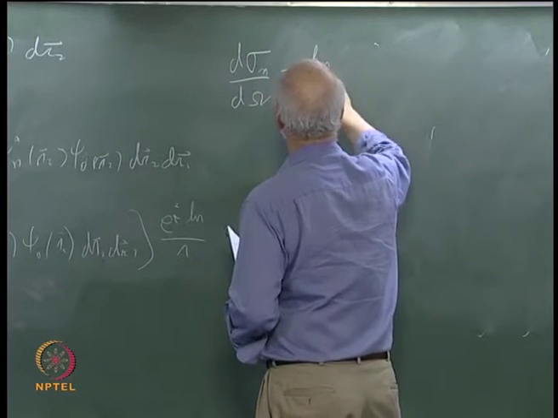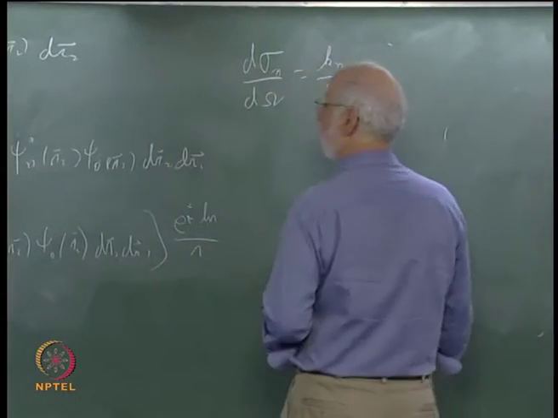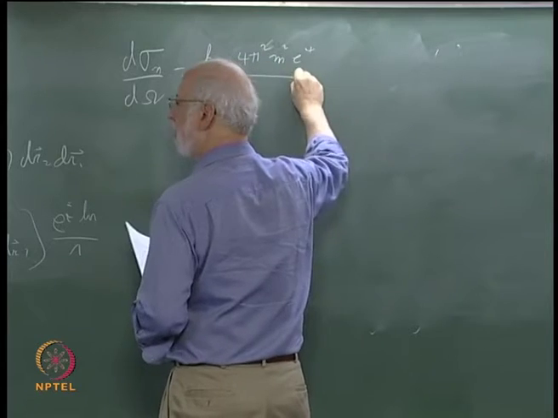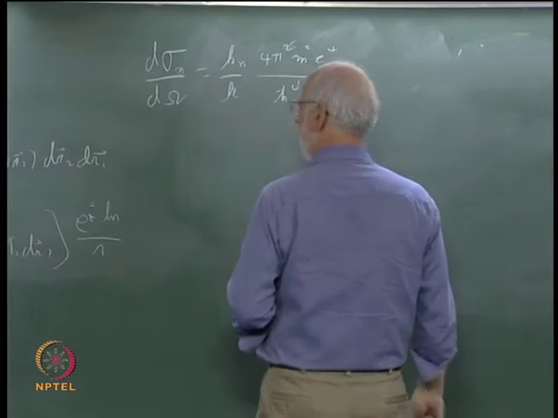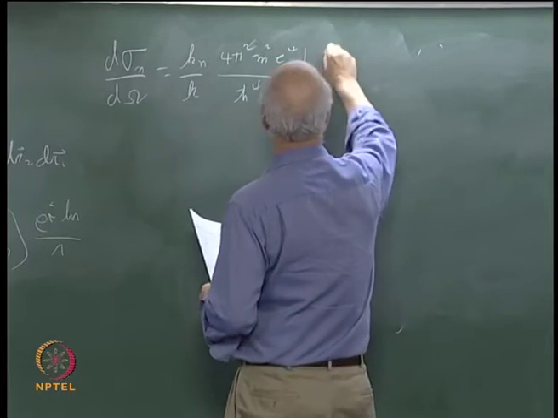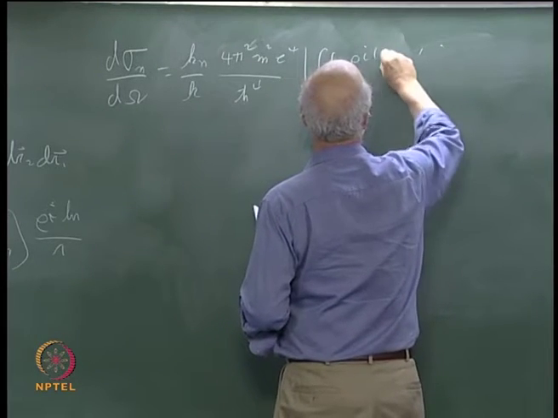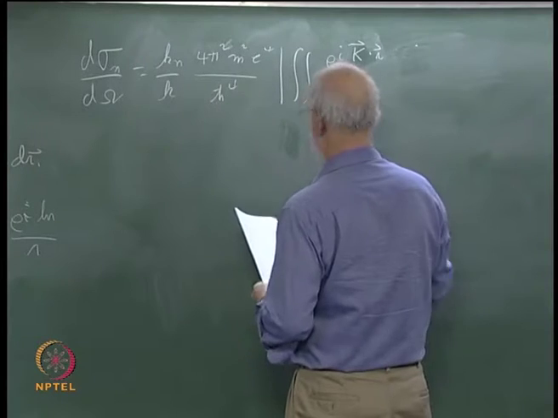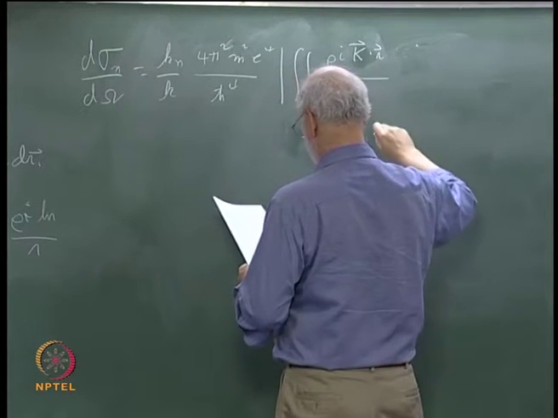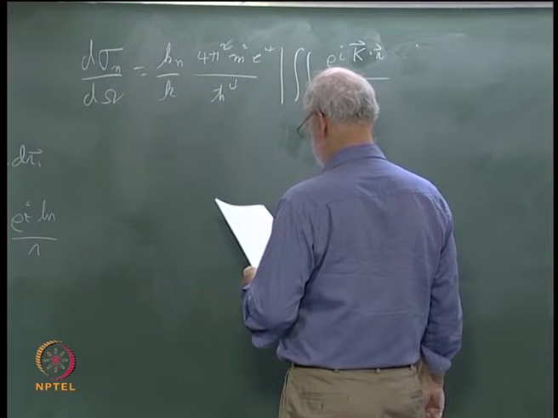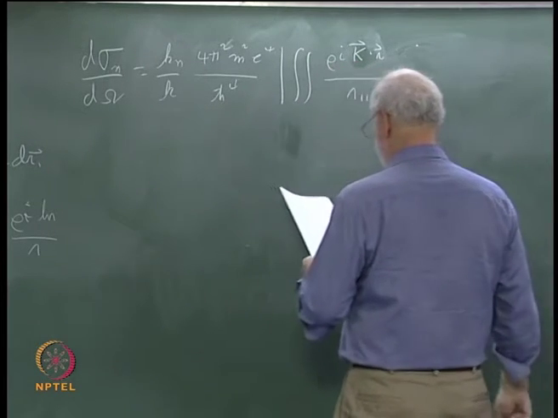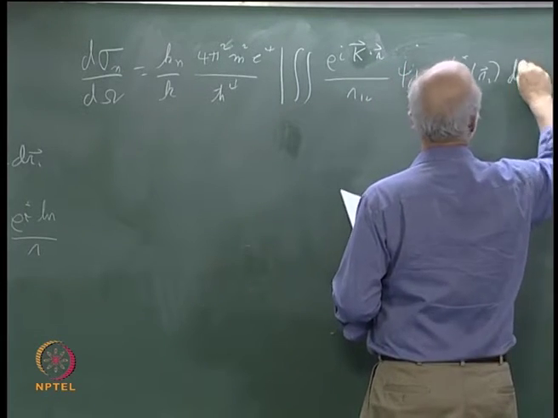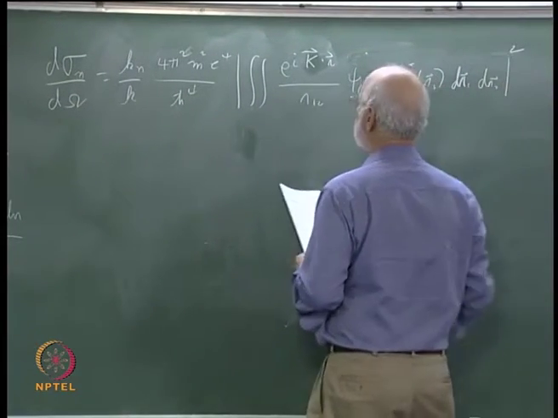It's Kn over K times this absolute square, which is 4 pi squared m squared e to the 4th over h bar to the 4th, the double integral of e to the i k dot r over R12, psi 0 of R2, psi n star of R2, dR1 dR2 squared.